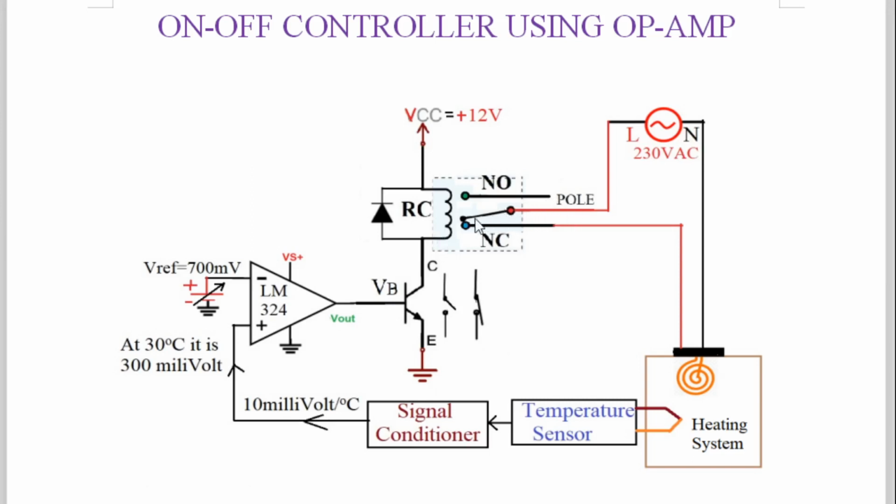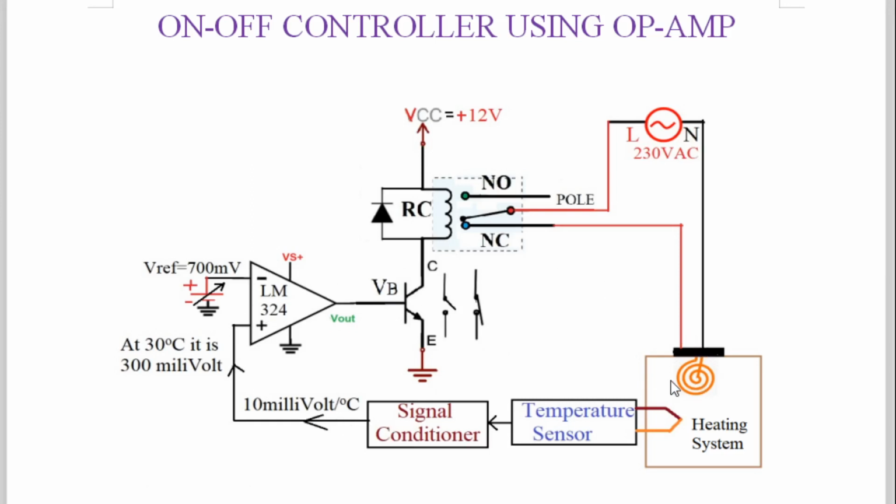that is, the pole will get connected to the lower terminal, which is called your normally closed, and again the 230-volt power supply will get applied to the heater coil through the normally closed switch. And when this live is getting connected to the heater coil, again the temperature, which decreased to 69 or 68 degrees centigrade, the heating process will start, and in this way the temperature will go to 70 degrees centigrade and above, that is 71, and again the comparison will be done.